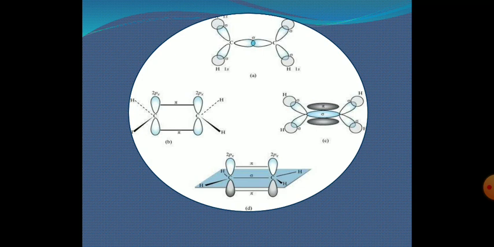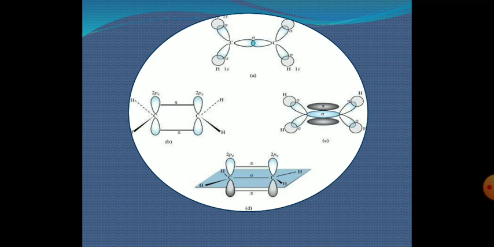To the first carbon, two sigma bonds are formed by the approach of hydrogen atoms towards the lobes, as shown in the figure. The same case takes place for the other carbon atom, and between the two carbon atoms a sigma bond and a pi bond are formed.